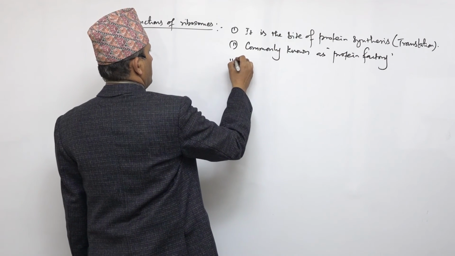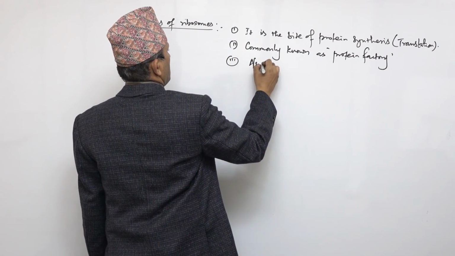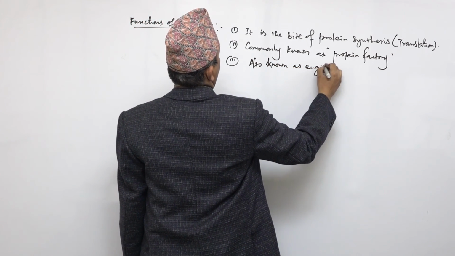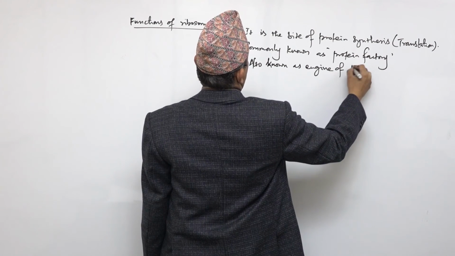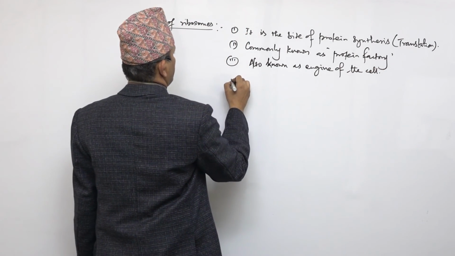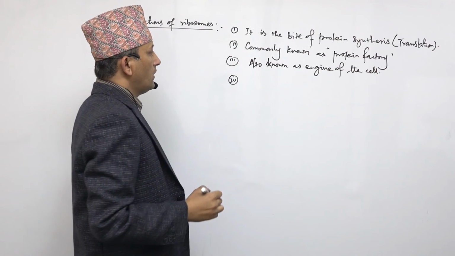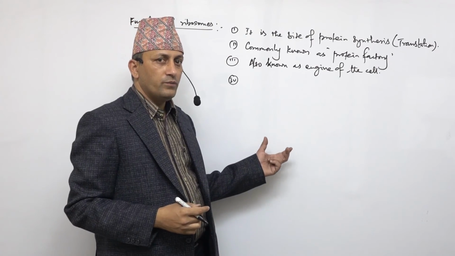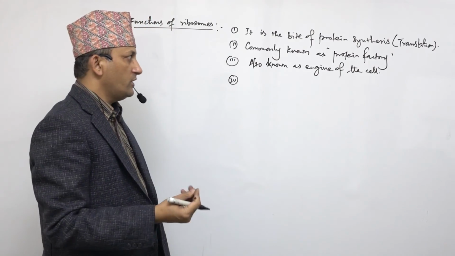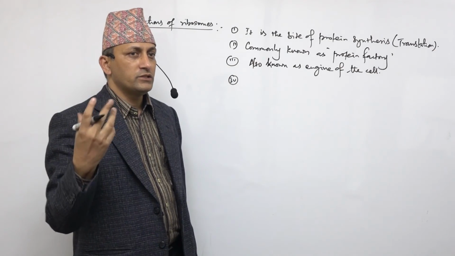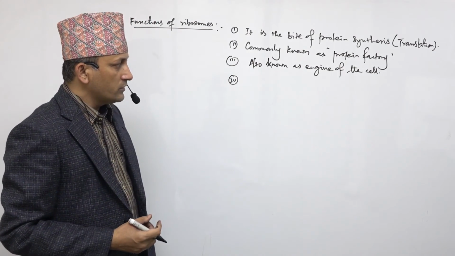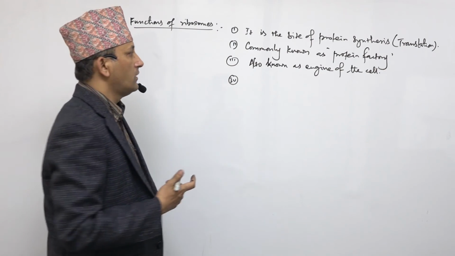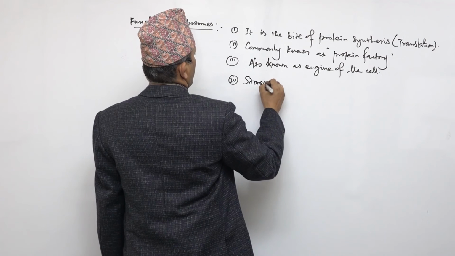कसैलाई engine of the cell भनेर पनि भन्ने गरिएको छ. Also known as engine of the cell. अनि राइबोसोम भित्र प्रोटिन बन्छ अनि त्यो प्रोटिन चाहिँ अरु ठाउँमा युज हुन्छ. राइबोसोमले आफूले पनि अलिकति युज गर्छ तर धेरै चाहिँ अरु डिफरेन्ट पार्ट्स अफ सेलमा युज हुन्छ. त्यसकारण राइबोसोमले प्रोटिन बनाइसकेपछि त्यो प्रोटिनलाई केही समयसम्म स्टोर गरेर राख्ने काम पनि गर्छ.